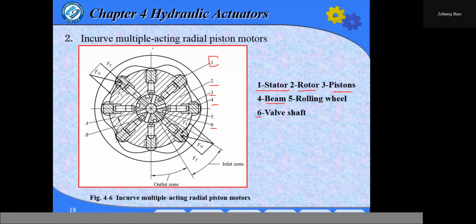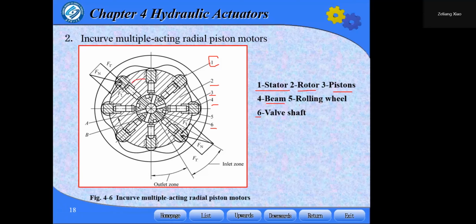As shown in this picture, the typical design consists of six components. The inner surface of the stator is composed of multiple identical cam surfaces with an equal distance apart, which means these distances are all the same.